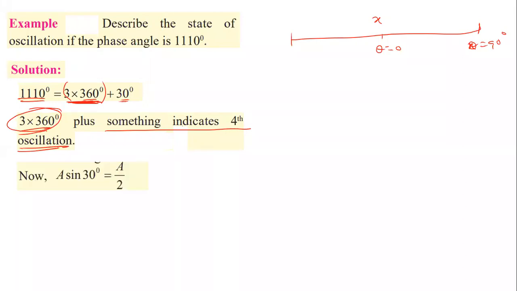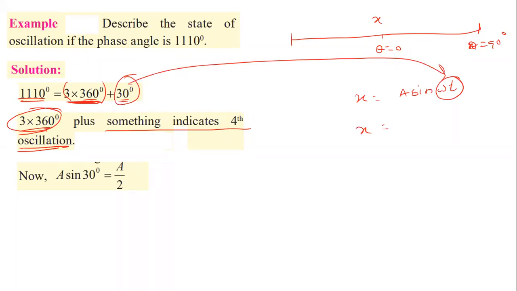Now, if we substitute here, x is equal to a sine omega t, here the phase omega t is 30 degree. If we substitute, we get x is equal to a sine 30.